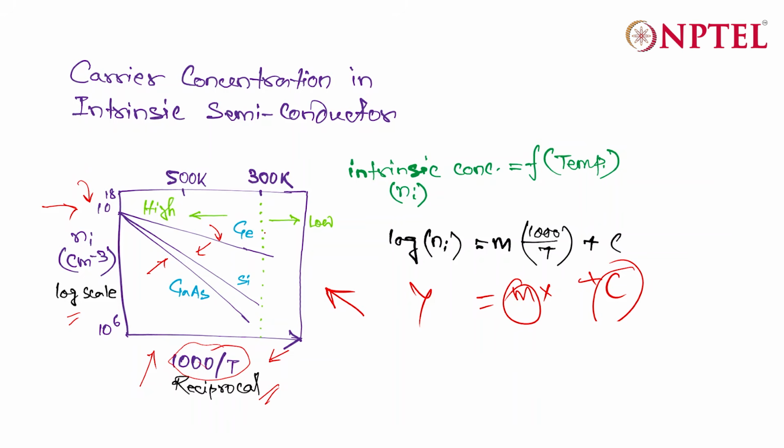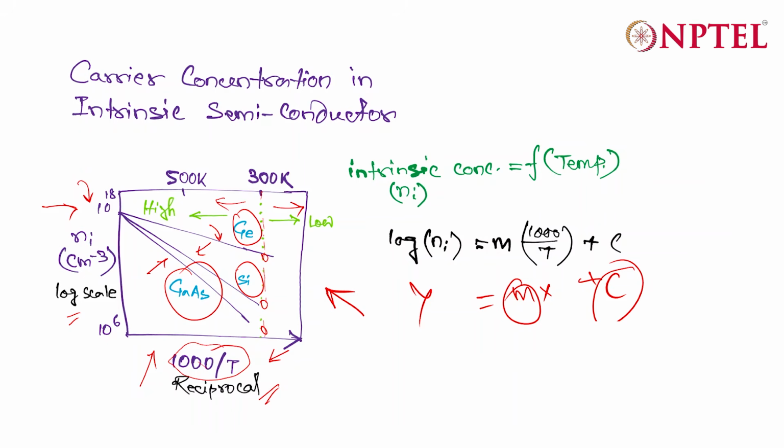So for different material, the change in the concentration is different, right? And in this case, at room temperature also, you'll find that concentration of carriers in each material is different. The right hand side in this case is low temperature, left hand side in this case is high temperature.